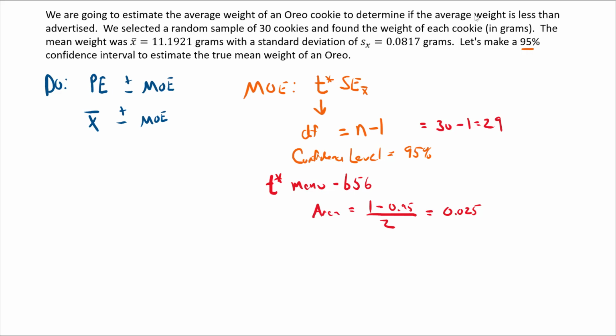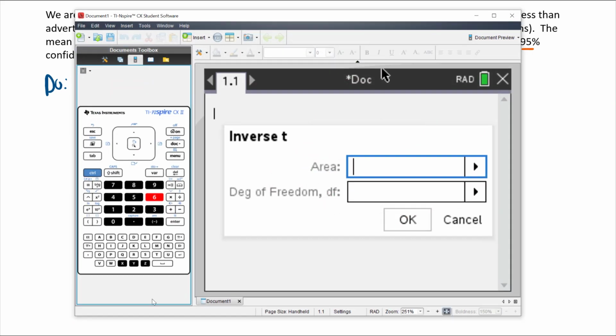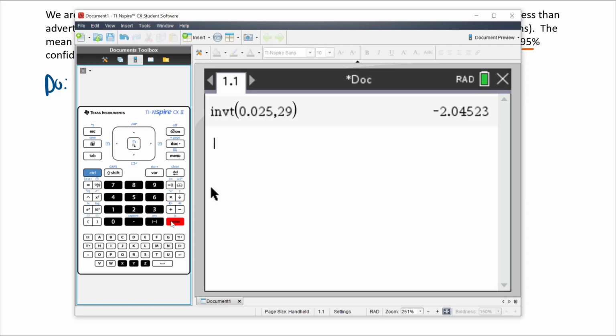So in our calculator, area is 0.025, and our degrees of freedom was 30 minus 1, so 29. I'm going to enter twice here, and that should give us this value right here. Again, disregard the negative for this, because we're going to simply say this is 2.045.